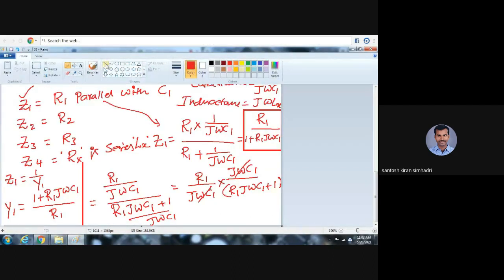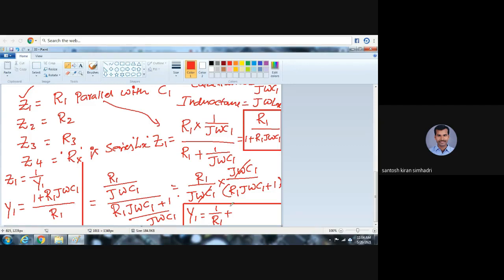Now, finally, what is the final Y1 value? Can anyone please help me? At the end, Y1 equal to 1 by R1 plus R1 J omega C1 by R1.